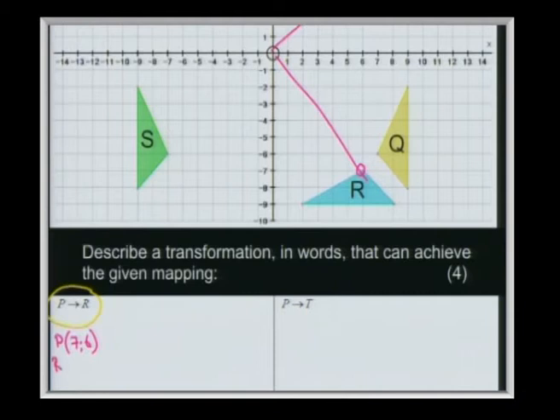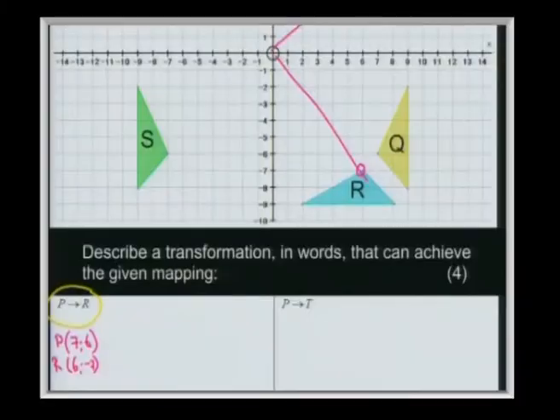So in R, it is 6, negative 7. I'm sure that you can see that the translation xy to y minus x has occurred. And that is our rotation of 90 degrees clockwise.